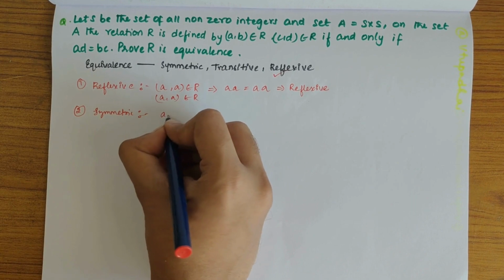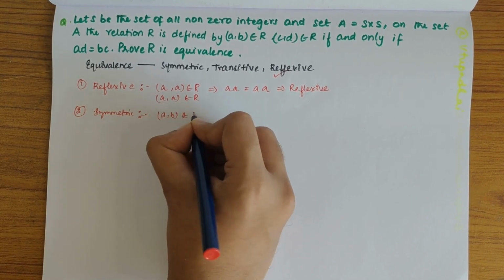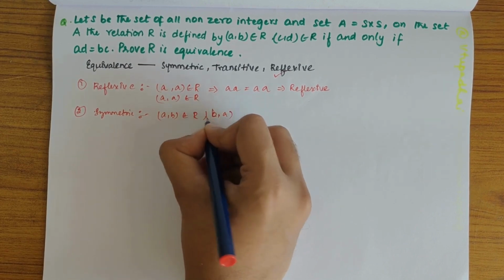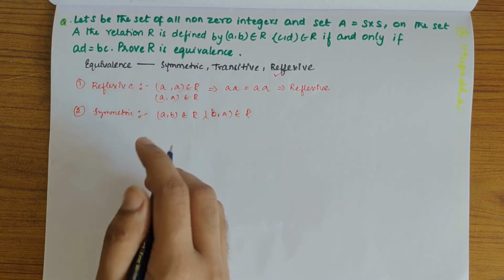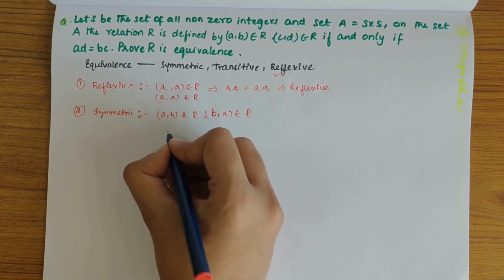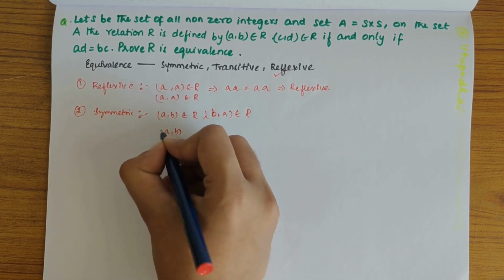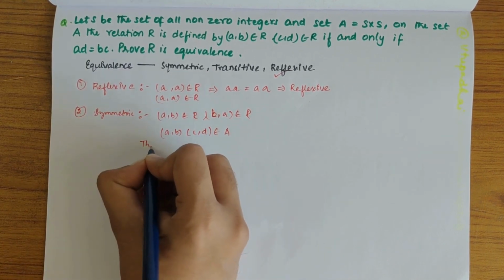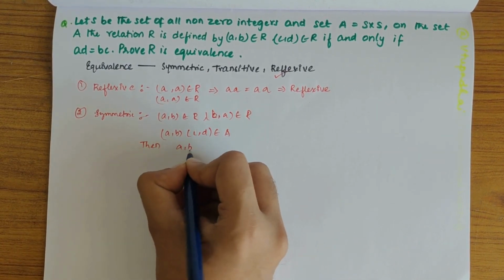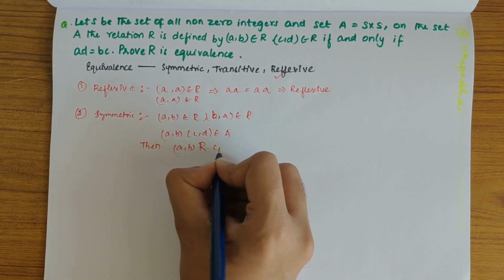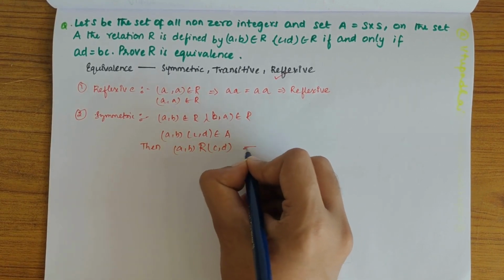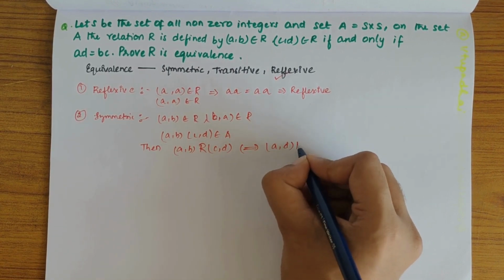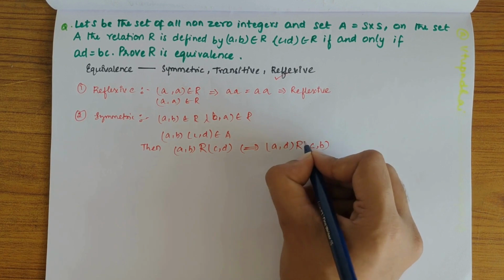So for symmetric, we know the condition: if (a, b) belongs to R, then (b, a) should also belong to R. So looking at the example here, we have (a, b) and (c, d) belonging to A. Then we can write (a, b) related to (c, d) is equivalent to AD related to CB.